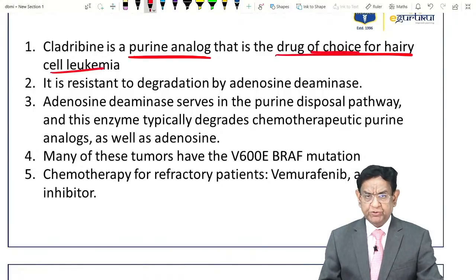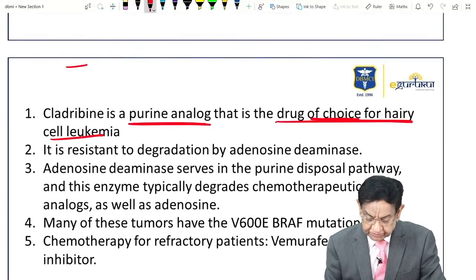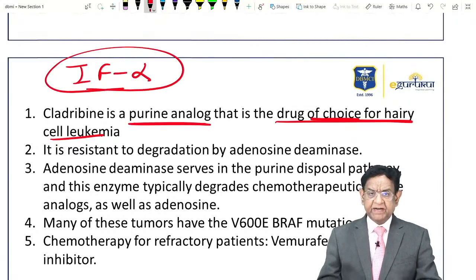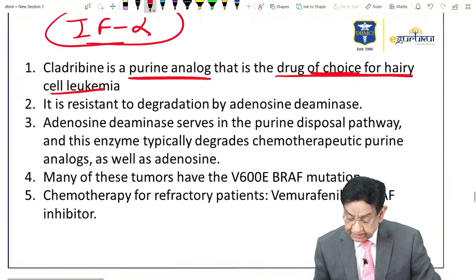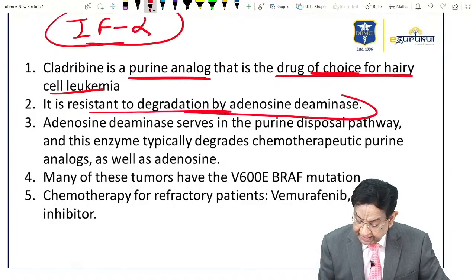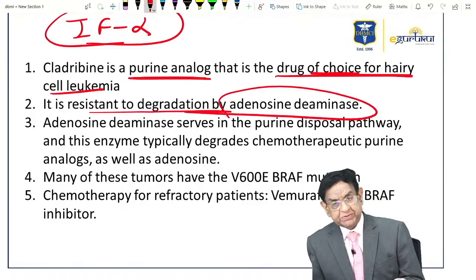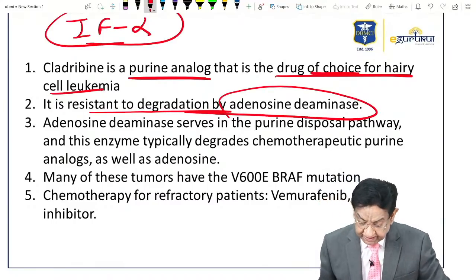Just to add on, this cladribine is a recent drug, a couple of years back, but before that we were using interferon alpha. But nowadays cladribine is a wonderful drug, a purine analog. And this drug is resistant to degradation by adenosine deaminase. They are not affected by adenosine deaminase.